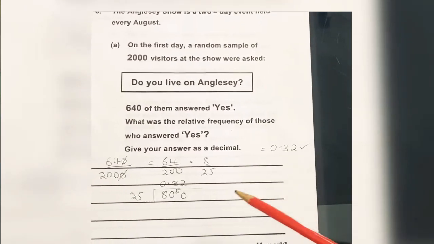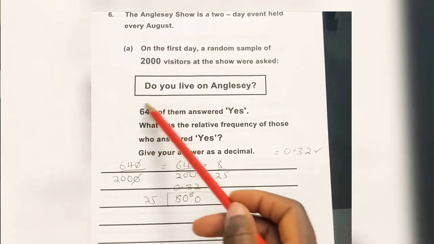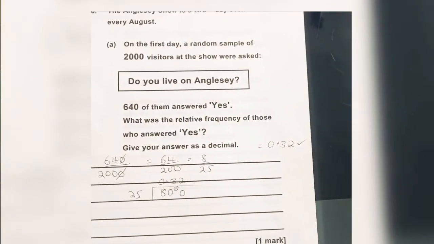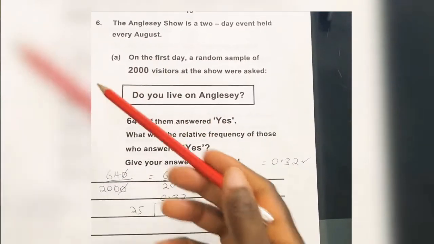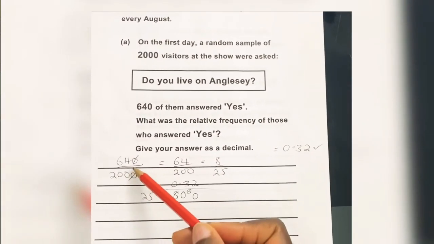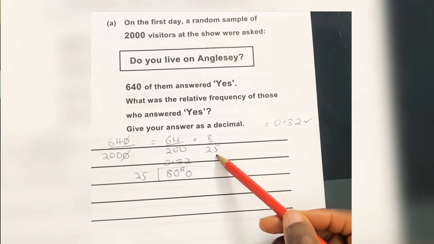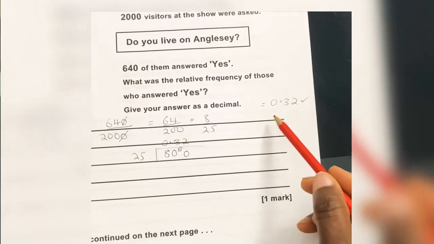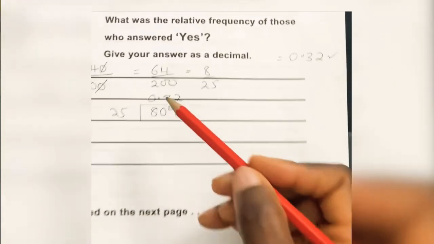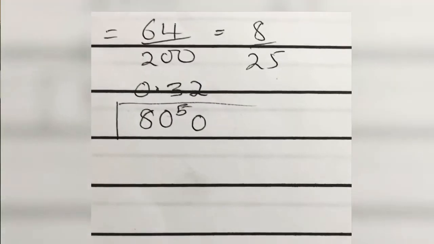You know what relative frequency is? It's the frequency of that thing with respect to the total frequency. So that would just be 640 out of 2,000, which you can simplify to 8 out of 25. And if you say to write it as a decimal, you just have to do that division.